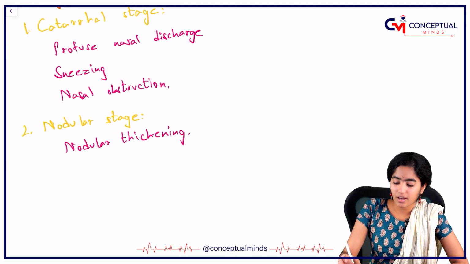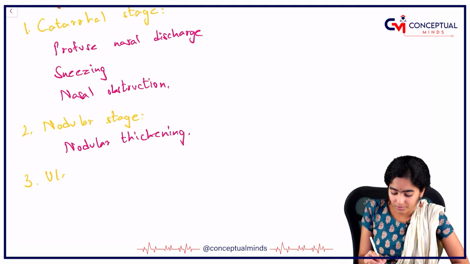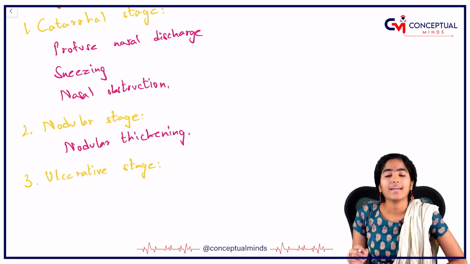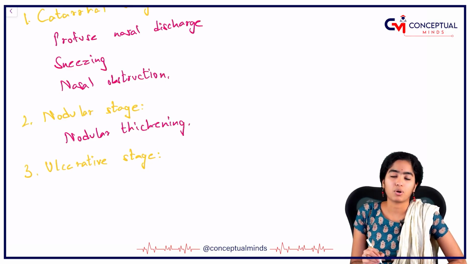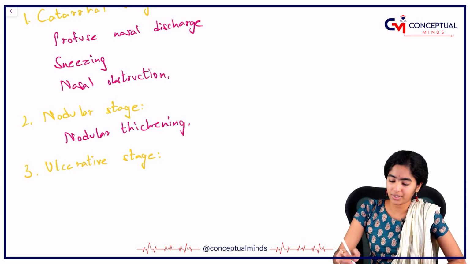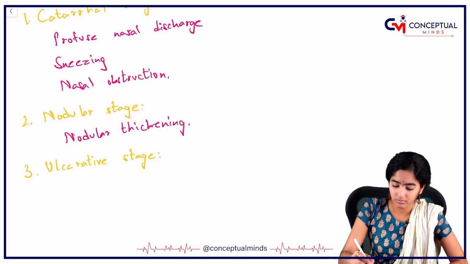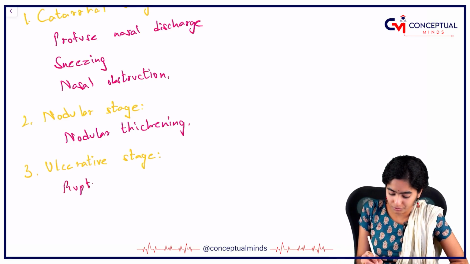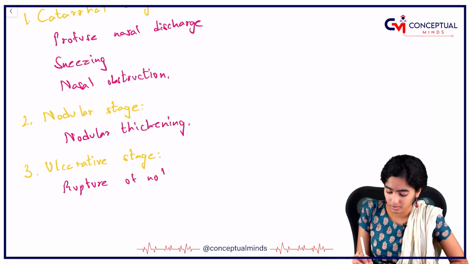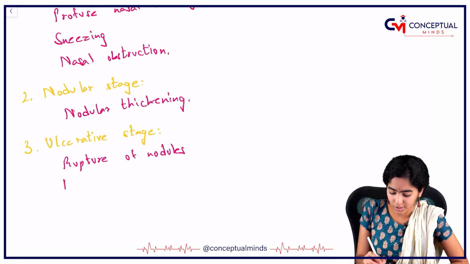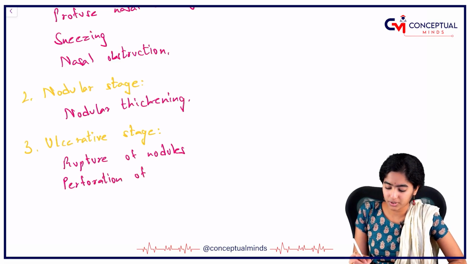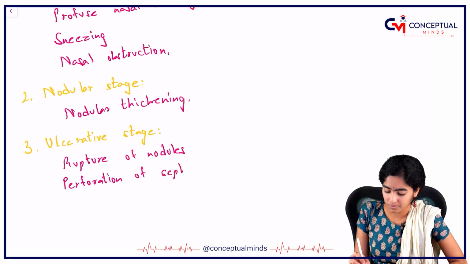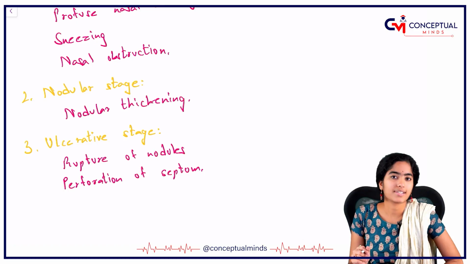Okay. And then after the nodular stage, we have the ulcerative stage. In the ulcerative stage, the nodules rupture and give rise to ulcer formation. After the rupture of nodules, we find ulcer formation, and there could be perforation of the nasal septum. This leads to complete destruction of the skeletal framework of the nose, and all the deformities are seen.